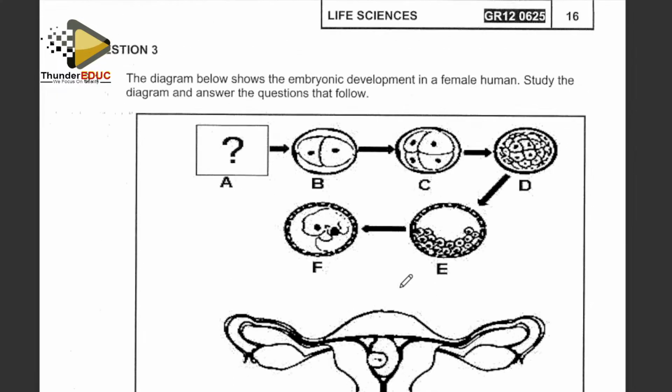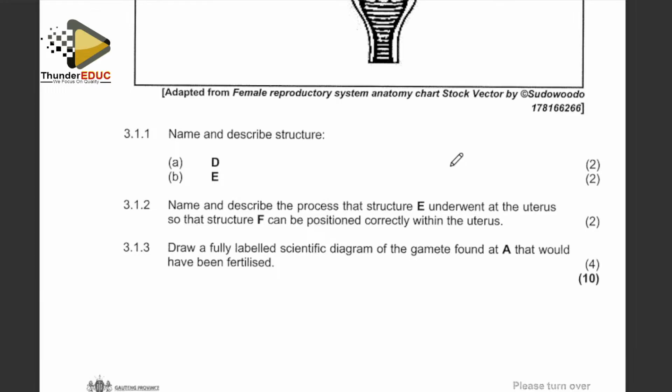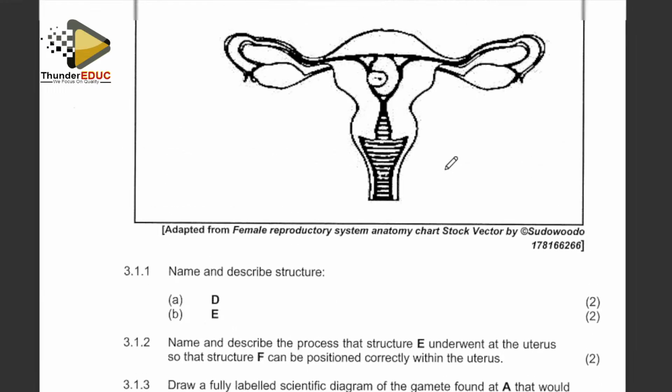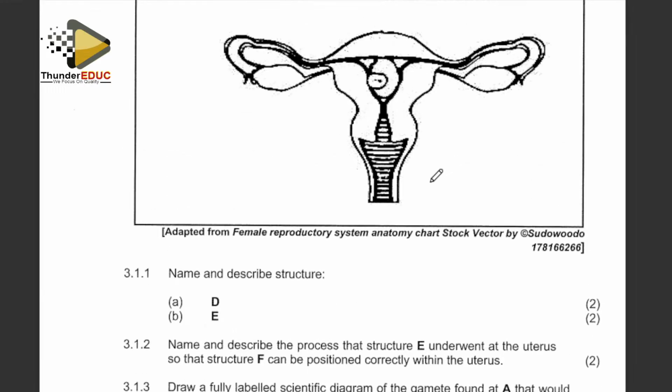The last question. Question number 3, they are saying the diagram below shows the embryonic development in the female. Study the diagram and answer the following questions. Identify the name and describe the structure. If you go back to our distinction material book, it's very well stipulated like that. What's the answer?